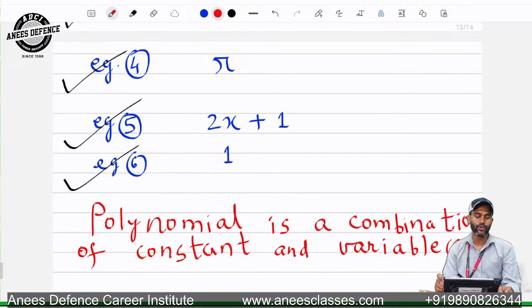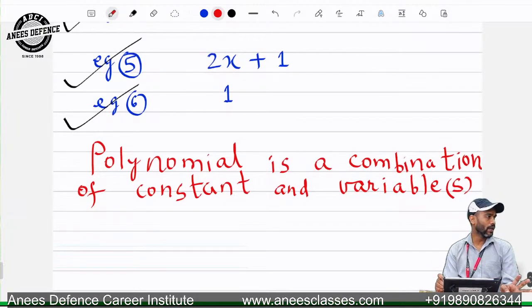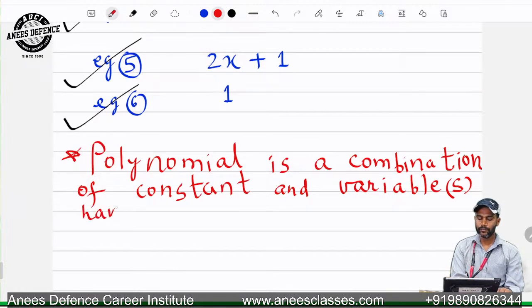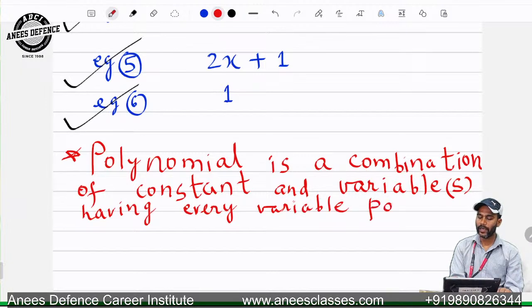But every variable should have power whole number, not rational number, not real number, whole number. It should be whole number only. So polynomial is a combination of constant and variable or variables having every variable power as whole number. Yes or no?